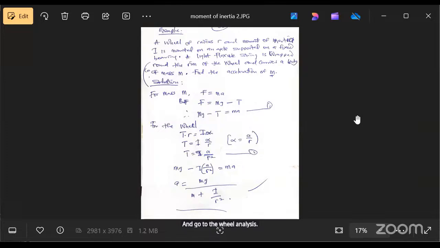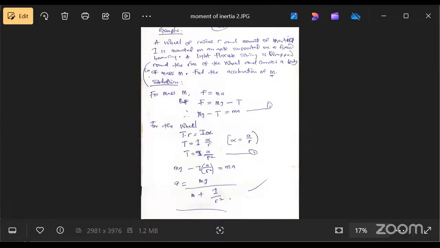Now, when you talk about the wheel, you see that from literature, the tension multiplied by R of the wheel is equal to I, which is the moment of inertia, multiplied by acceleration over radius. And acceleration over radius is denoted by alpha, A all over R there.